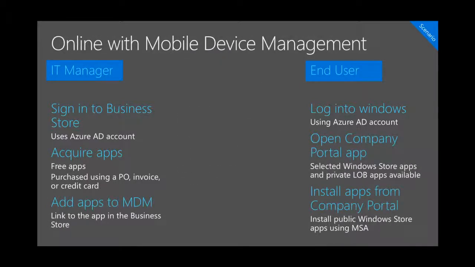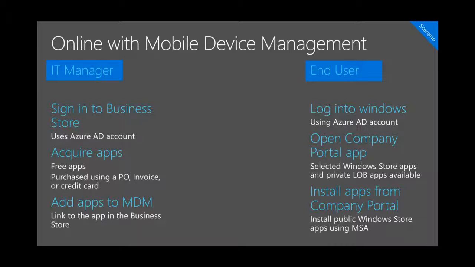If you say, no, I want more of an on-premises solution, right? We do the same thing. You can log in with Azure Active Directory into a business portal or the business store. Again, acquire all the apps that you want for your users and add them to your MDM system. You can even download these apps to a local server and add them to a provisioning package with the ICD that I talked about before.